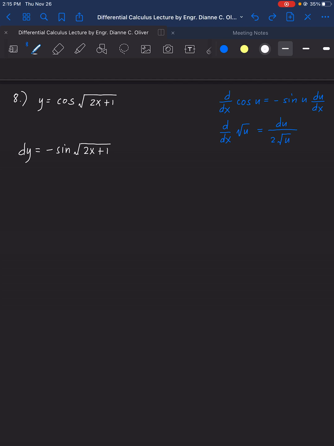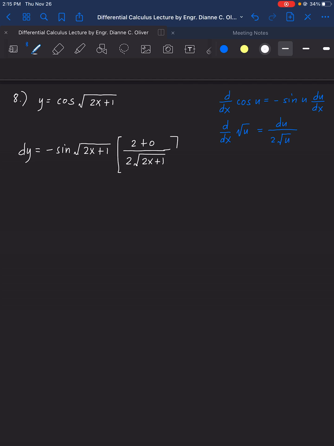So what is the derivative of 2x plus 1? So that is du, which is inside of the square root. So 2 plus 0 over 2 square root of 2x plus 1.